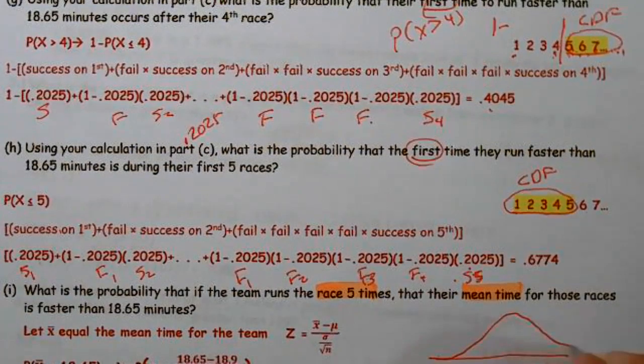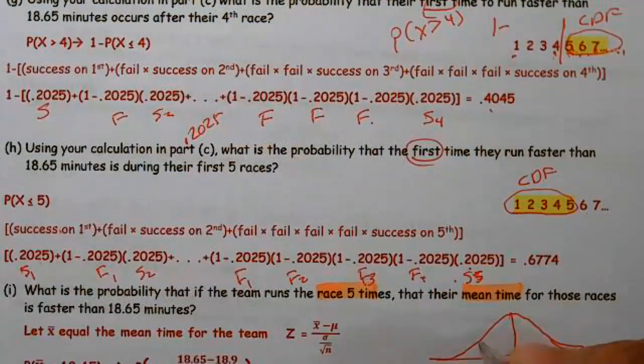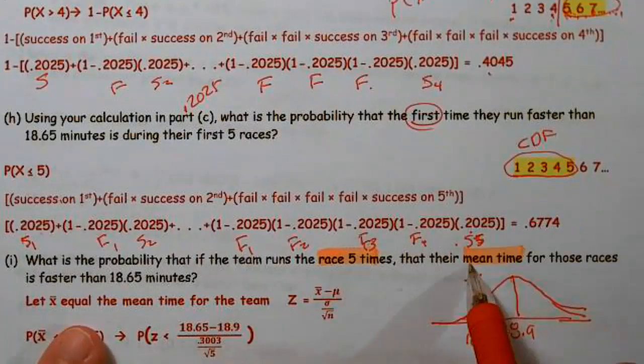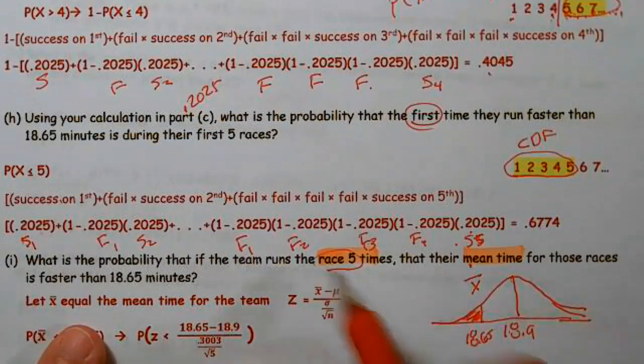The distribution was normal. They told me that my mean time was 18.9. They want to know 18.65. This is very similar to what we've done before, but now instead of X, we're working with X bar because they said mean and we're running multiple races.